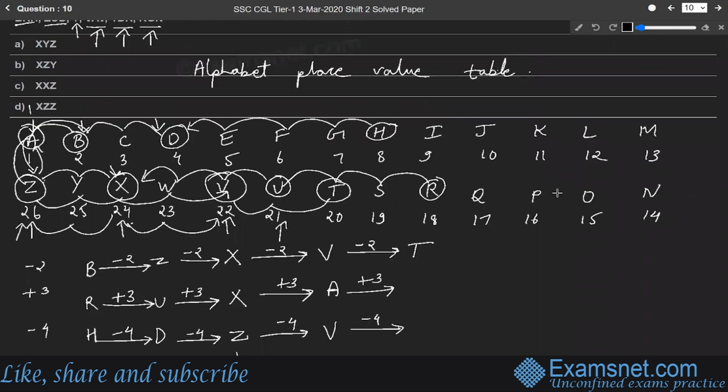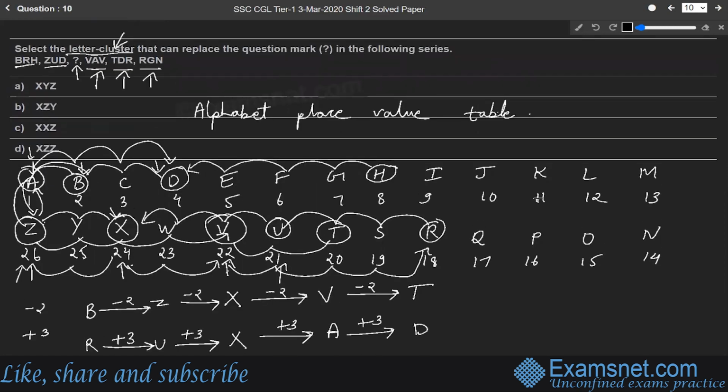A is in the first position, right? A plus 3, 1, 2 and 3. A plus 3 gives D. Then V minus 4. V is on the 22nd position. Minus means we have to go in the reverse order. So V minus 4. V is present here. 1, 2, 3 and 4. So the alphabet here is R. So we get TDR, which is also correct.